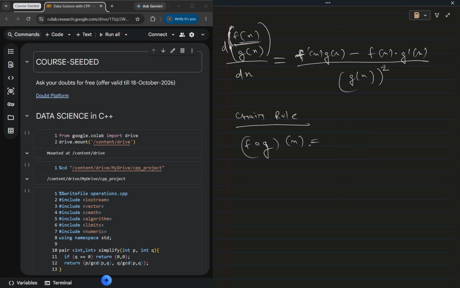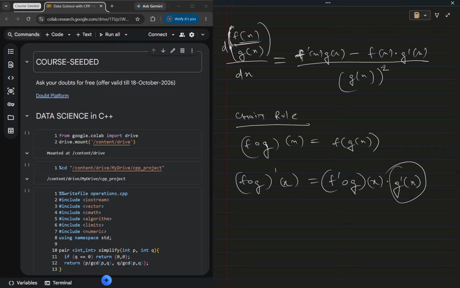So you just replace x by gx inside fx to get this f of g of x. And what is actually your chain rule? Derivative of f of g of x is equal to f dash of g of x times your g dash x.